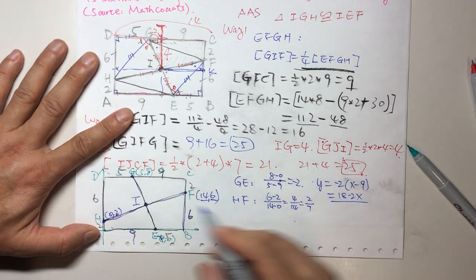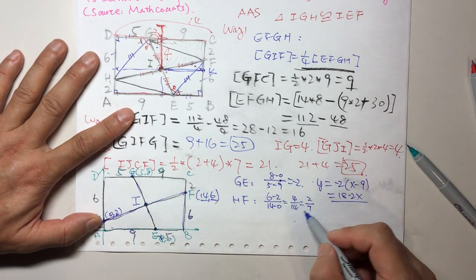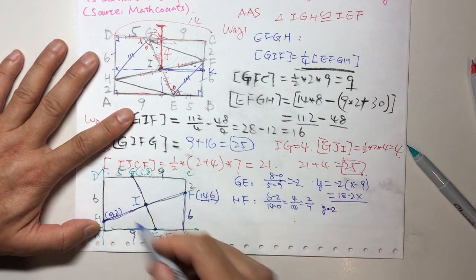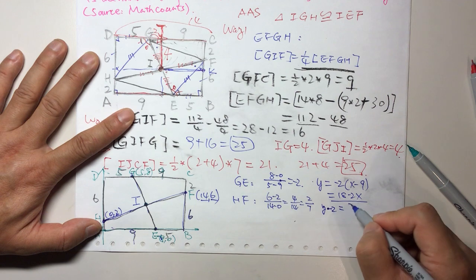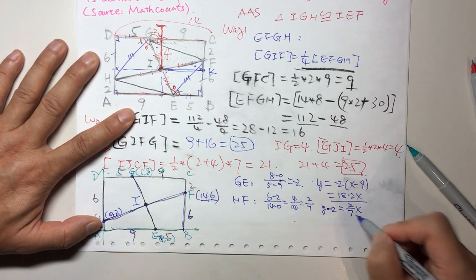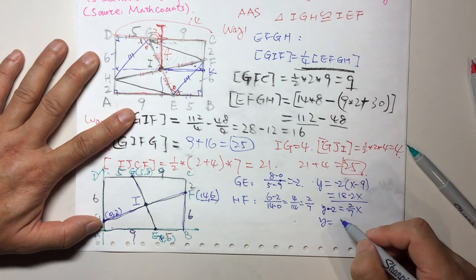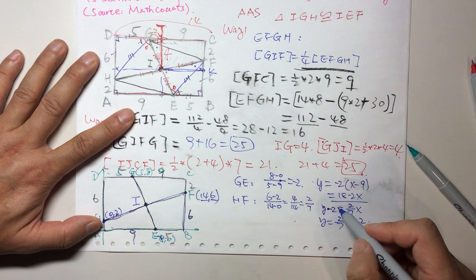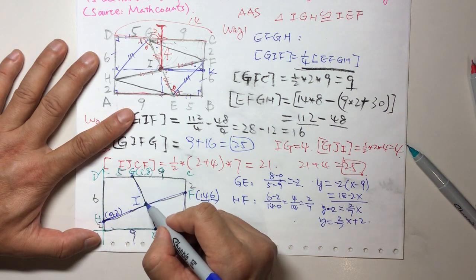Now we use this point and this slope: y minus 2 equals the slope 2 over 7 times x minus 0. So y equals 2/7 x plus 2. Now we want to find the intersection point I.